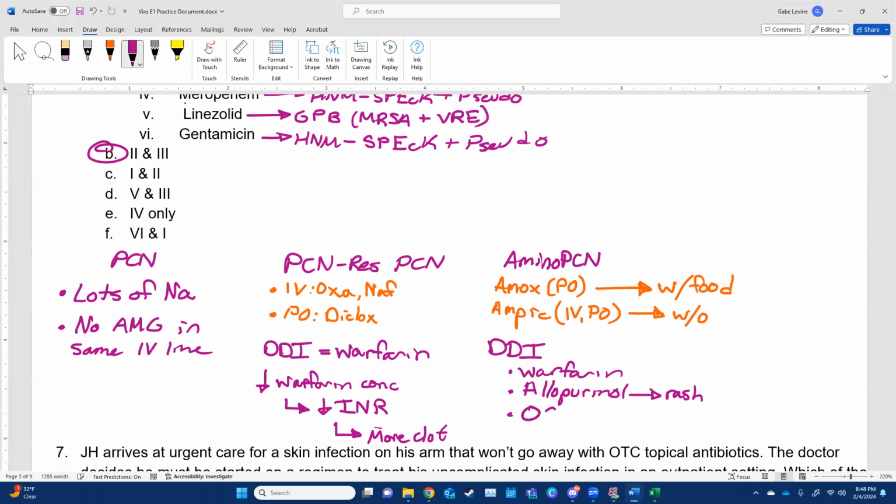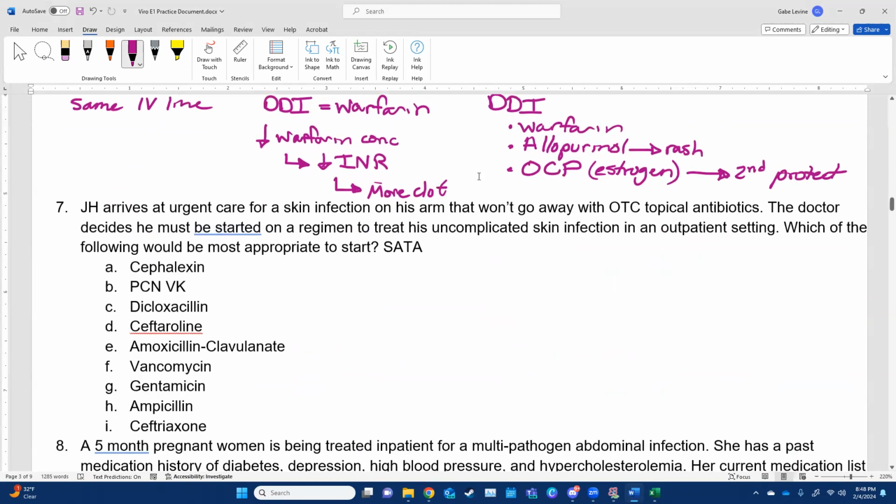And then oral contraceptives, specifically with estrogen. And so what do we tell people to do when they're on an oral contraceptive? Use secondary protection. Wear a condom. Wear a helmet. I like that.